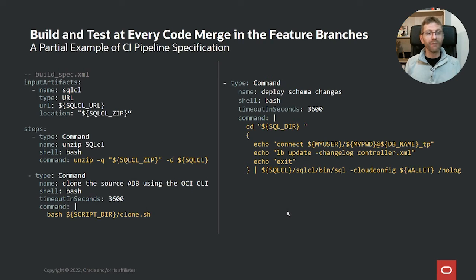The first step will be to unzip the SQLcl zip file so that we can use the executable. And then, oversimplifying a little bit, we can have a clone command that contains the very same operation that we have seen before for Oracle Autonomous Database.